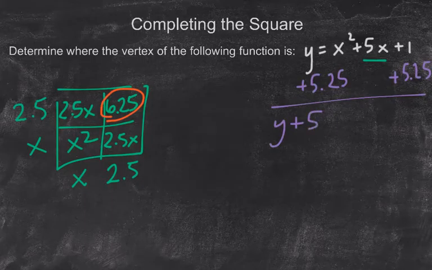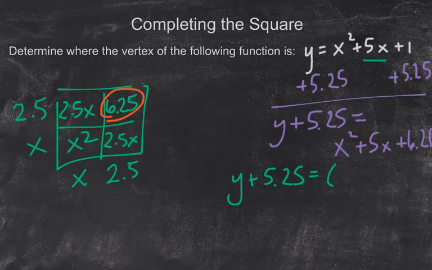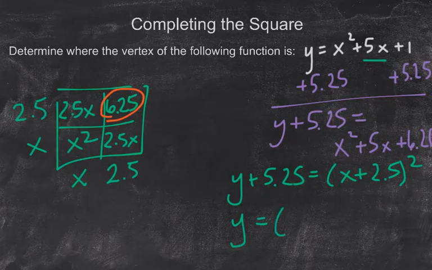Y plus 5.25 equals x squared plus 5x plus 6.25, which is the same as the area of my perfect square. So I get y plus 5.25 equals x plus 2.5 squared, and then I just need to subtract the units out to get y equals.